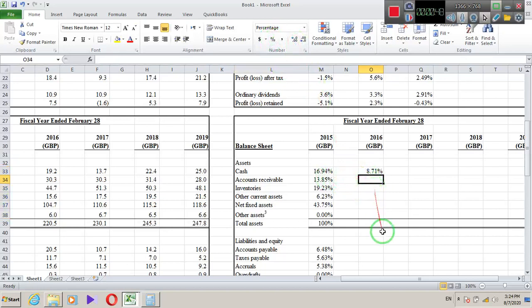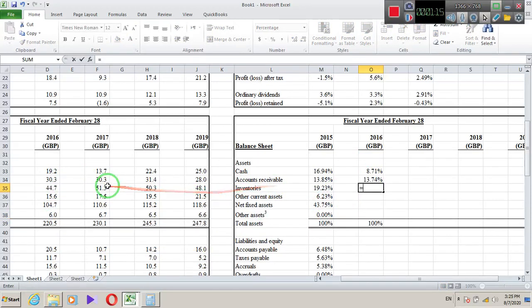So the cash is about 8.7% of total. In total asset, the percentage of cash is 8.7%, which is current asset, and account receivable and this total asset is equal to 13.74%.